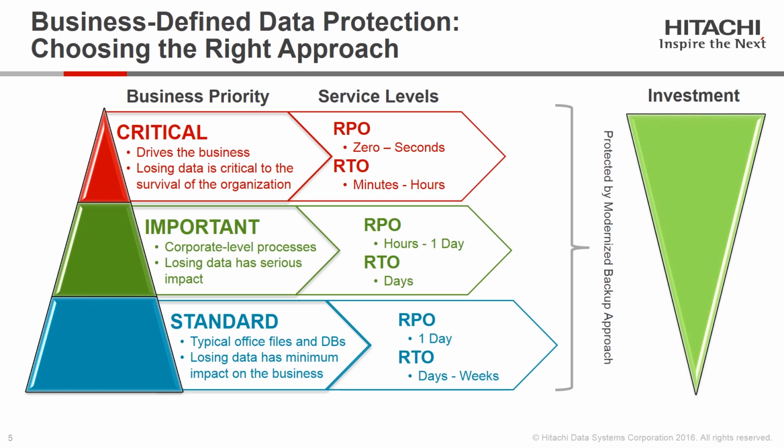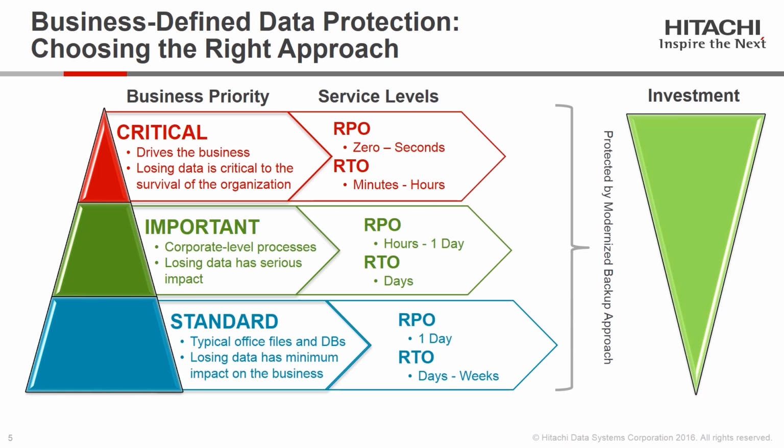A modernized backup approach is able to deliver business-defined data protection for your company with proper service levels. In this approach, we will employ different backup technologies to protect the three different types of data. The backup technologies used to protect critical data will be much more advanced and hence able to deliver the most stringent RPO and RTO requirements.